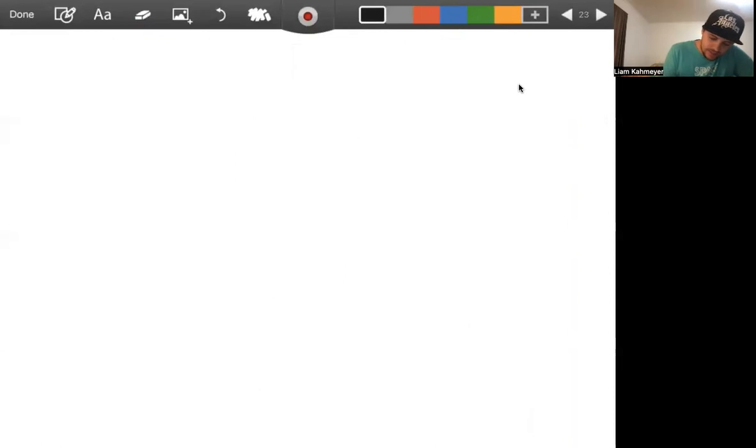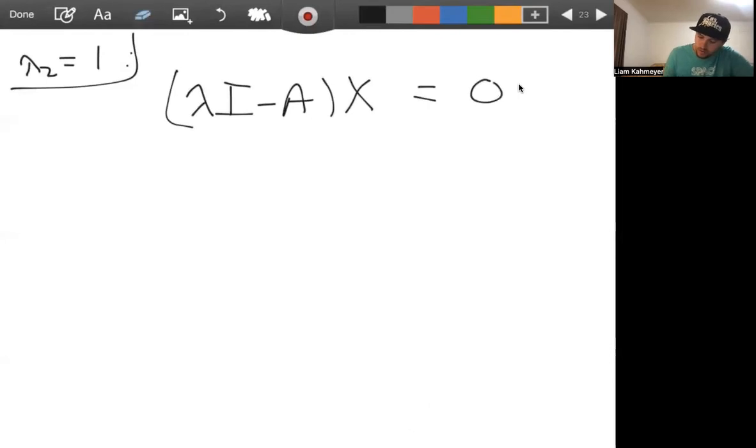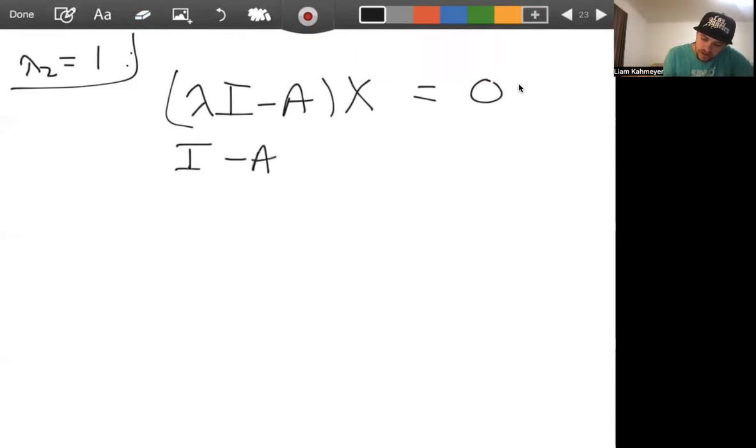So let's look at lambda 2 is equal to 1, right? What is this saying? Well, we're looking at lambda I minus A times x equals 0. What is lambda I minus A? Well, lambda is equal to 1, so this is really I minus A times x is equal to 0.